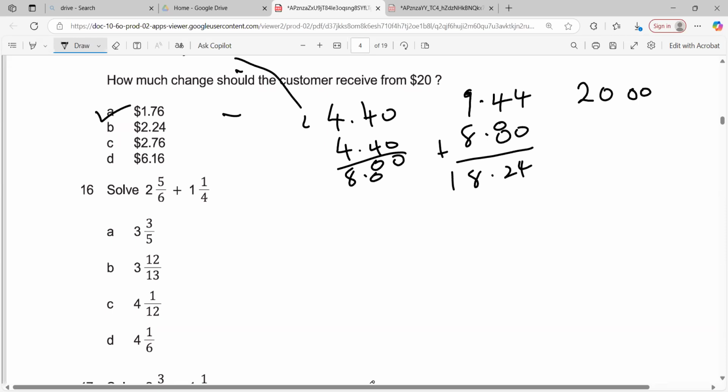Oh, somebody says, can they send in their answer? Just WhatsApp me. You just type it in. For example, if you think it is A, just type 16A.